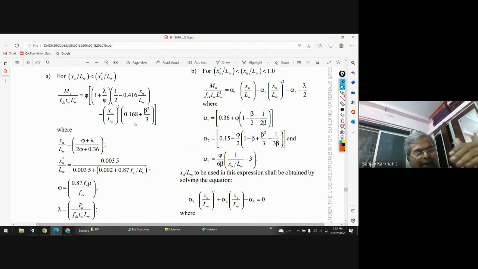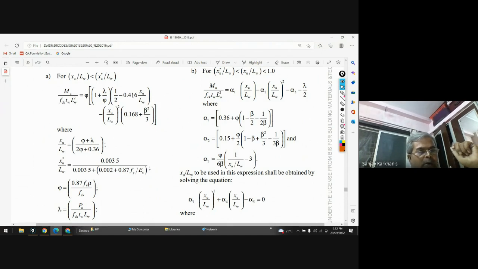So first we see that the neutral axis is within the flange. Then we say that the neutral axis is outside the flange, but less than 7/3 DF. All that calculation is found over here.